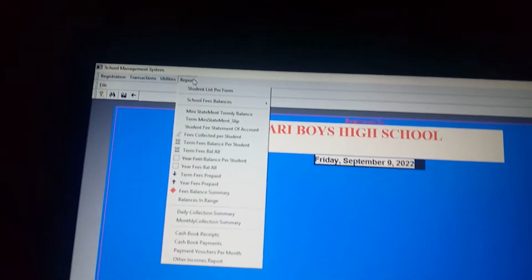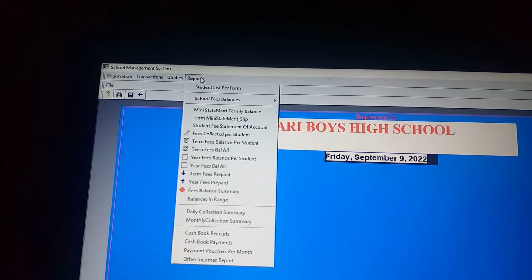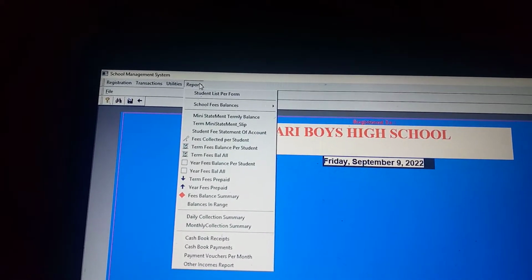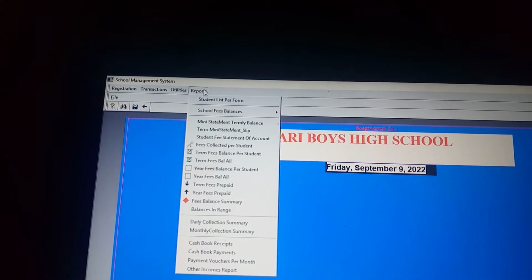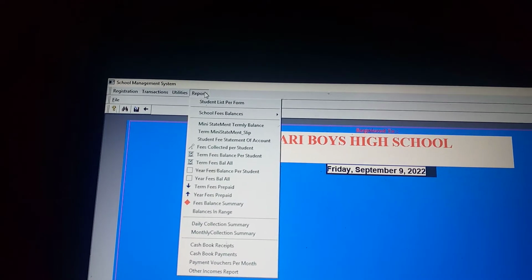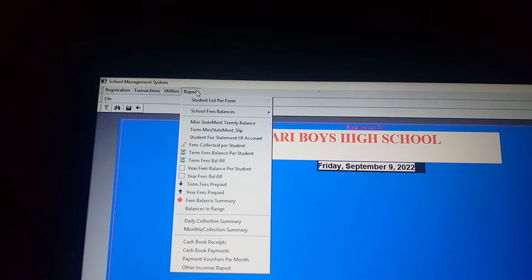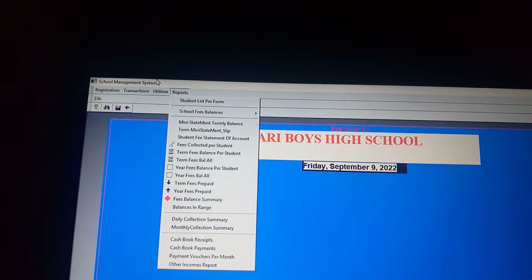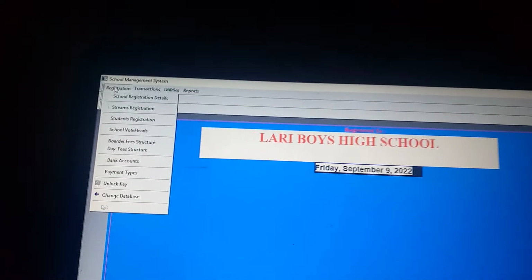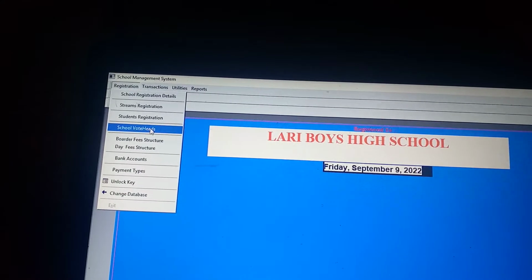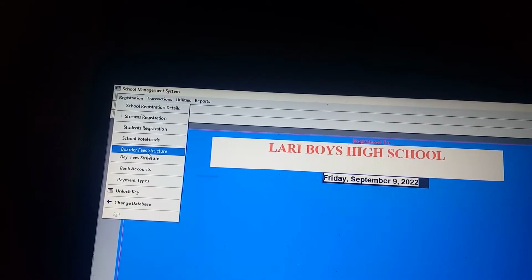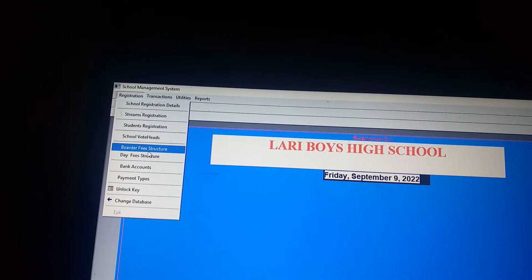Say for example, a scenario where some boys were stealing clothes, the uniform from the store, and so they needed to be charged for that. There were many boys who were doing that, so a vote was created. This is a real story. A vote head was created here, and then it was charged in the fee structure. It was charged 10,000.